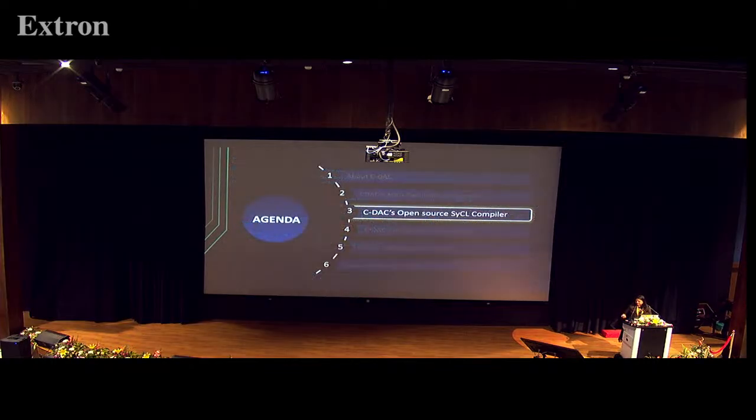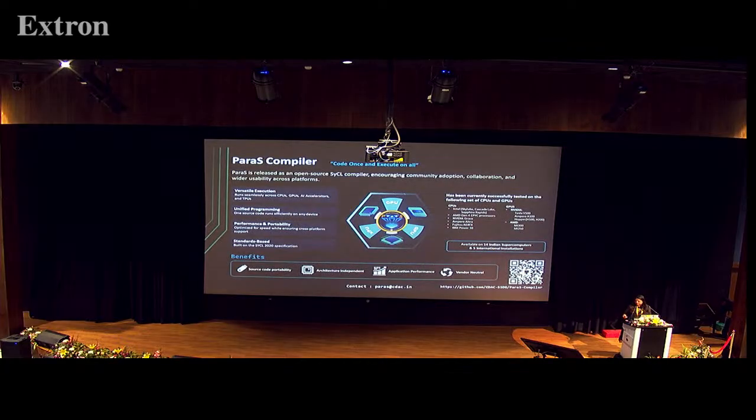So the next one is the open source compiler initiative from CDAC, which is the PARAS compiler. The theme is code once, execute for all, which means that you write a code once and the same code will execute on your CPU, and on any variant of GPU, be it AMD, be it NVIDIA, or anything. So this basically gives the user the flexibility to write a single source code and execute it on any target. Again, this is available on GitHub.